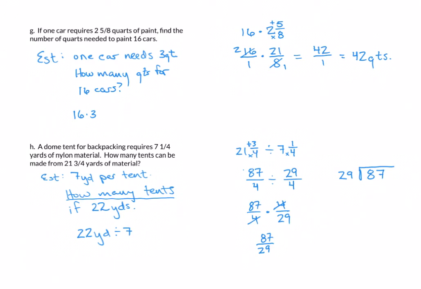All right, so how many times does 29 go into 87? I think it goes in about 3 times. So if we multiply, 3 times 9 is 27. 3 times 2 is 6, plus 2 is 8. Okay, so it does go in evenly. And so our final answer is going to be 3. What are we making? We are making tents.